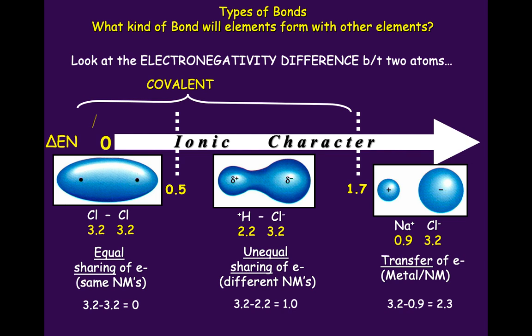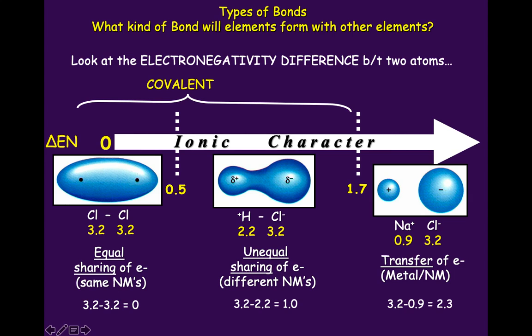Okay, so this is going to be called nonpolar, and this is going to be called polar. So nonpolar and polar will be two types of covalent bonding.